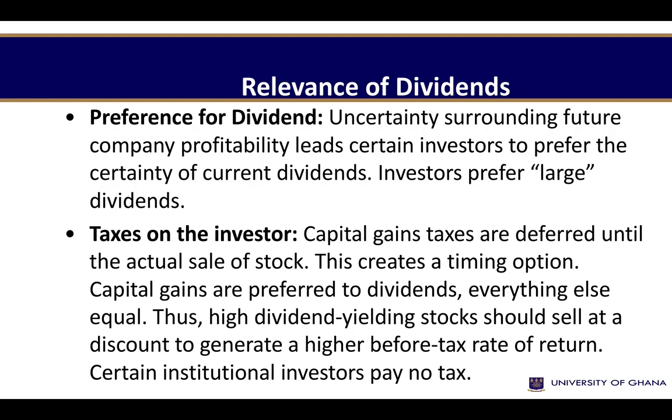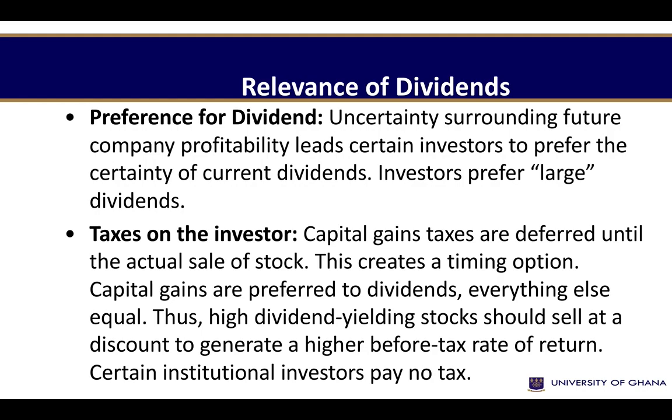So high dividend yielding stocks should sell at a discount to generate higher before-tax rates of return, and certain institutional investors pay no taxes. So depending on the tax disposition of the investor, they either prefer to defer capital gains and pay much later. The impacts may be different depending on how it operates within the market in comparison to dividend payments.